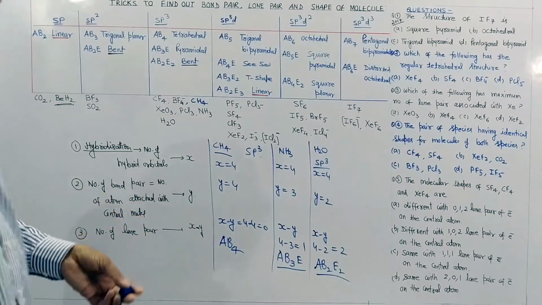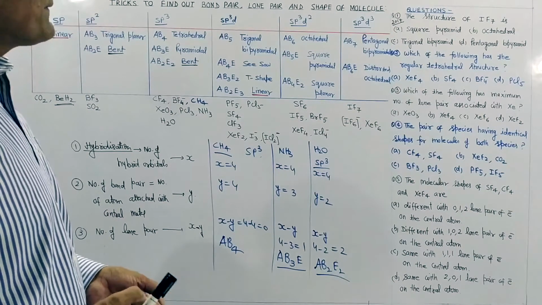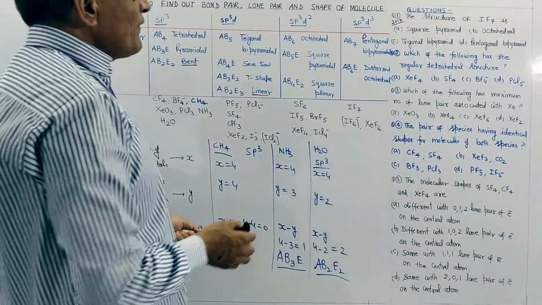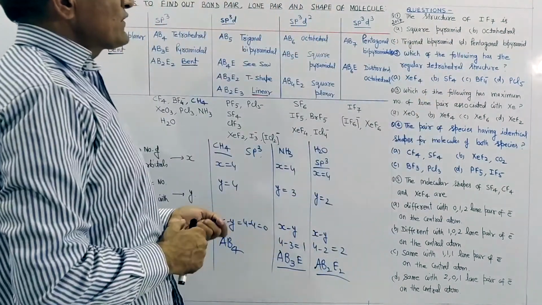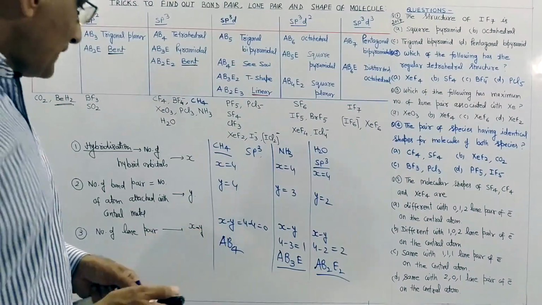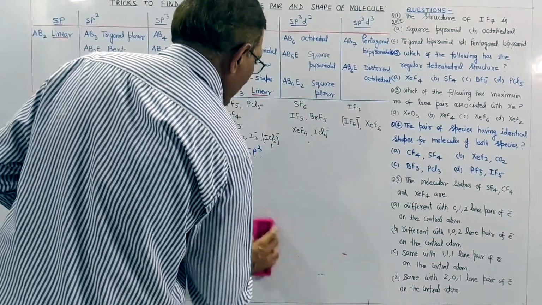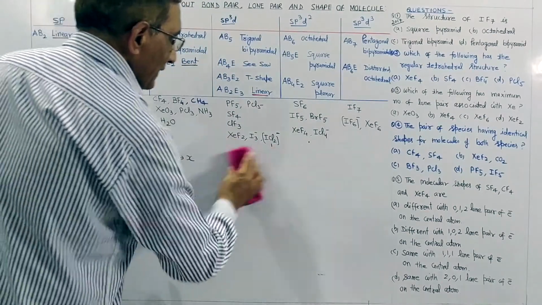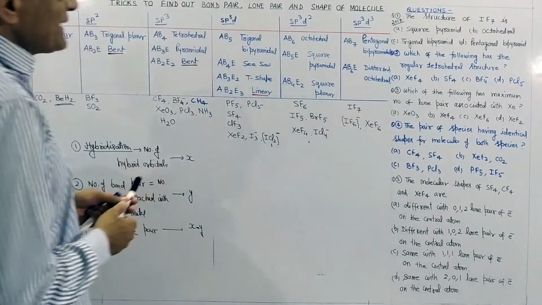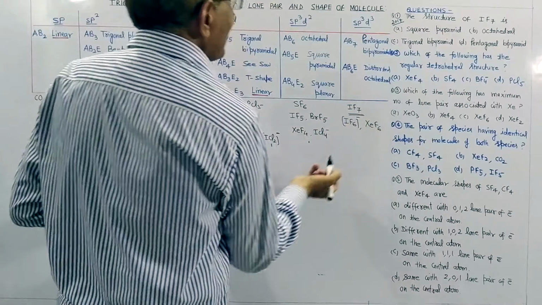Now we will do some questions which were asked in previous years' JEE exams. For example, the first question is: the structure of IF7 is. You have to find out which structure IF7 possesses. So IF7, students, belongs to this category.